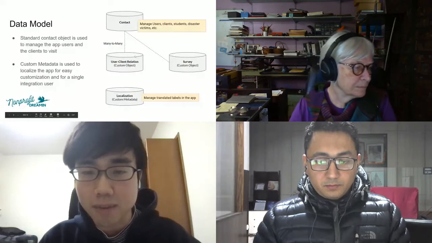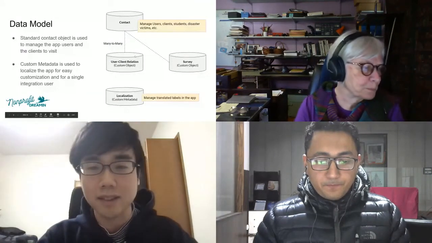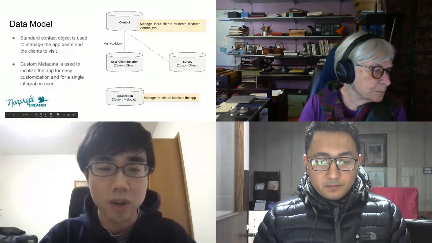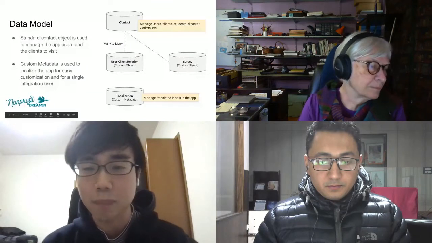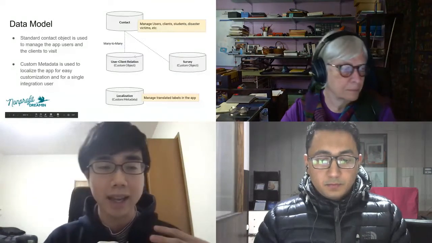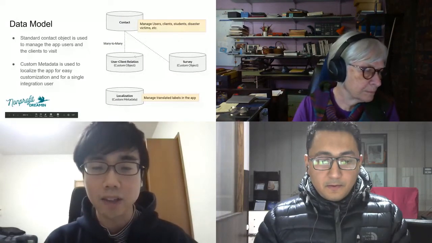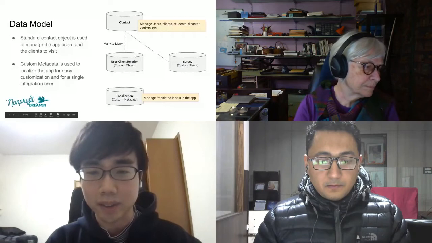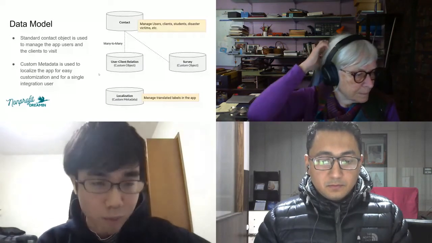We use a custom object to manage the relationship between users and clients. This is the junction object. It is used to locate the clients related to the logged-in user in the mobile app, and used in the lookup component to find the contact. For example, if I am a field worker user and Trish and Vim are client contacts, there are two relationship records in this custom object.